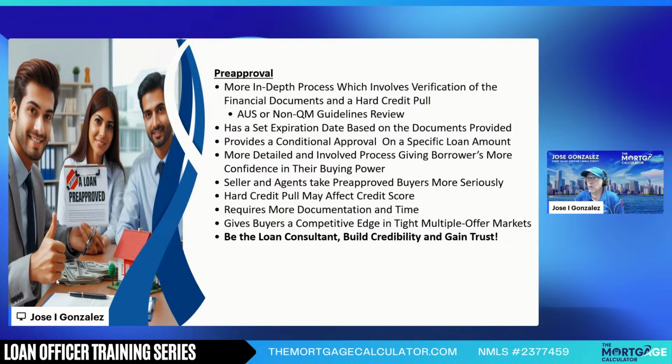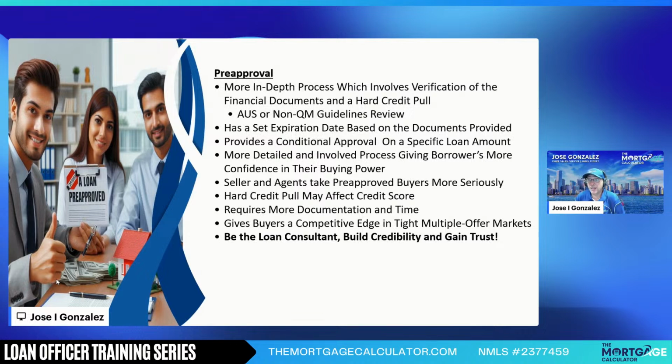The pre-approval will be a conditional approval, basically a credit and income approval for a specific loan amount, right? If they're pre-approved up to a $250,000 loan, and it's 80% LTV, then you're going to figure out whatever is going to be the full purchase price that they can qualify for, and that's what you're going to fill out on the pre-approval letter.